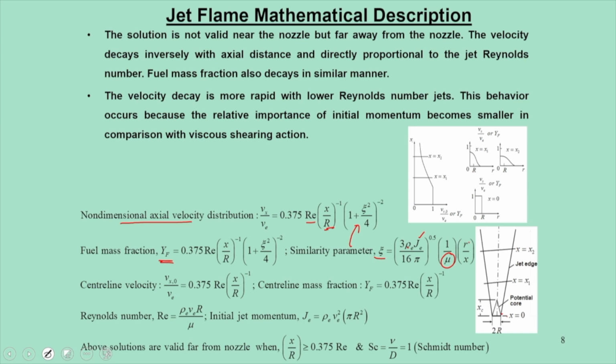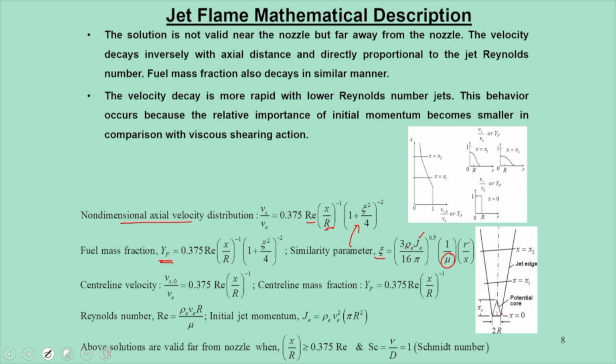Now coming back to the central line velocity, at the central line we have to find it at R equal to 0. So when you put that in, we get this number, and we have the central line mass fraction as well. Along the central line this value remains as it is.